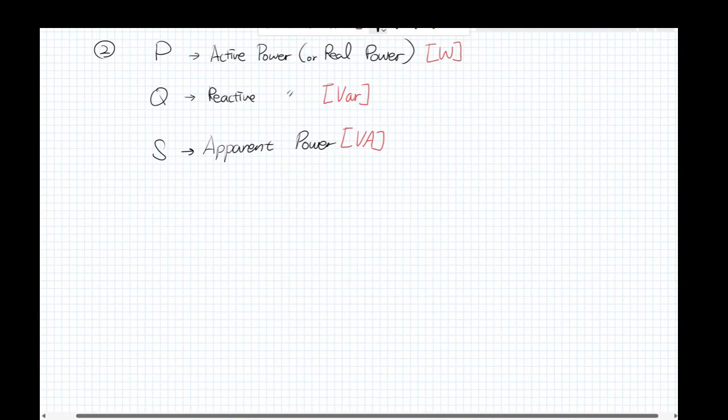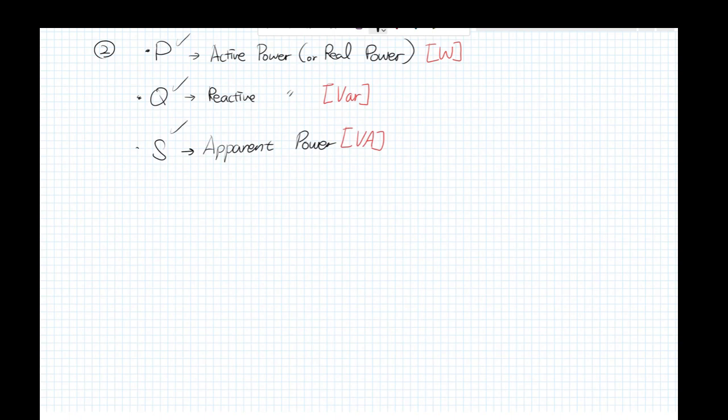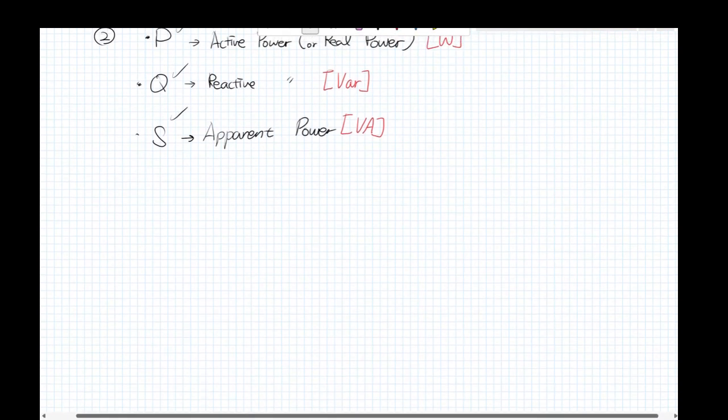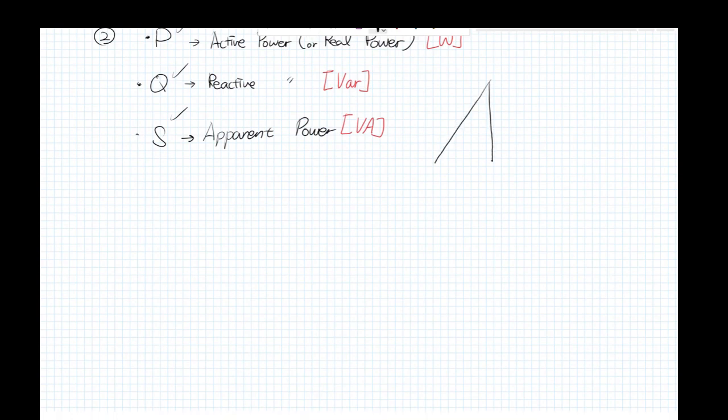So from today, for this chapter, we're going to learn about the basic concept of PQS. PQS. Okay. So that is for the power triangle. Power triangle.